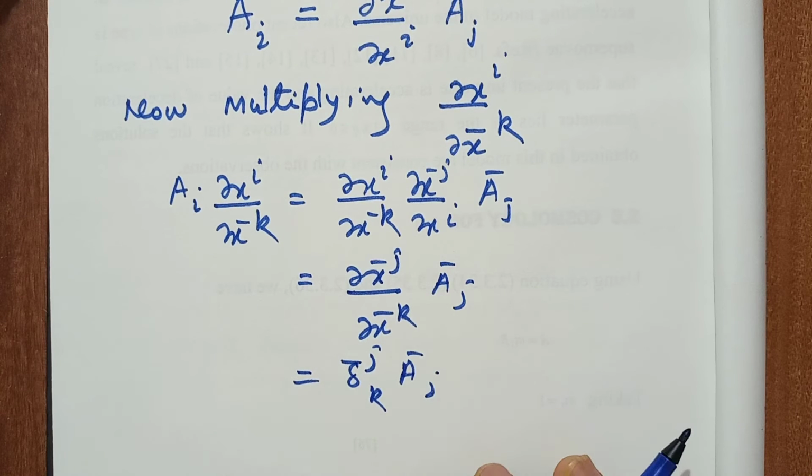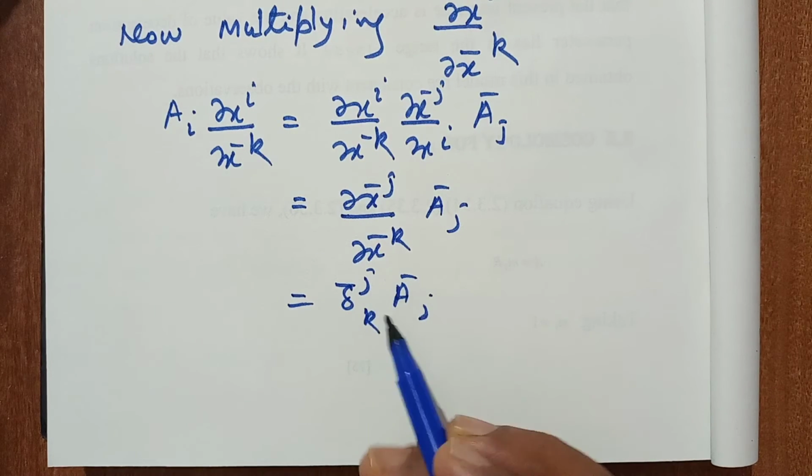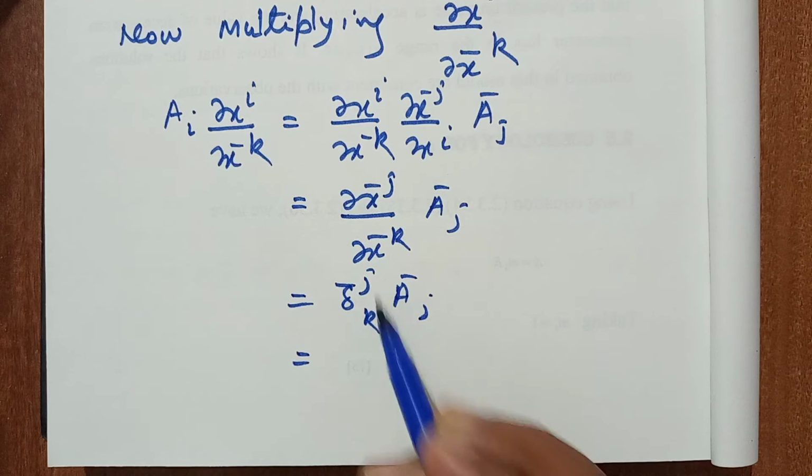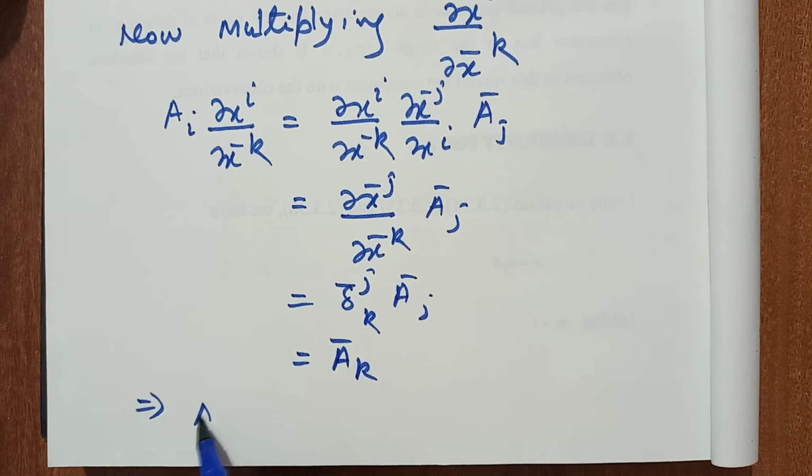So by definition of Kronecker delta, j equal to k gives 1, otherwise 0, so this is a bar k. Okay, means a bar k is equal to del x^i upon del x bar k a_i.